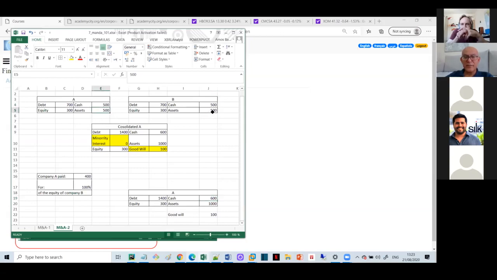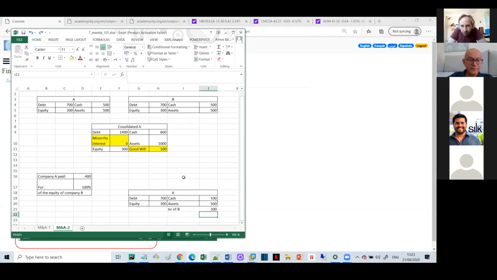Other assets combined, it's 1,000. Liabilities combined, it's 1,400. And my equity does not change. By the way, the equity does not change in any of those three cases. We'll see the third case in a second. Okay, so let's do it one more time before I move to the third one.